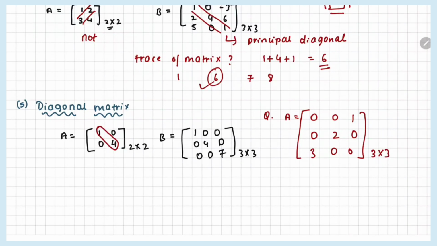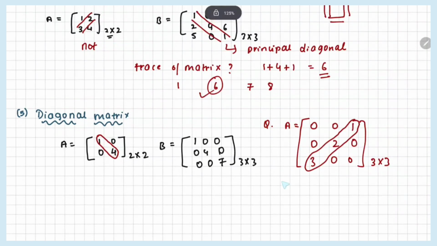Can you tell me whether this is a diagonal matrix or not? Here you have 0, 0, 0. I'll just mark the diagonal. Here also we have 0, 0, 0 elements, but in a diagonal matrix the diagonal has non-zero elements and the other elements are 0. Is it a diagonal matrix?